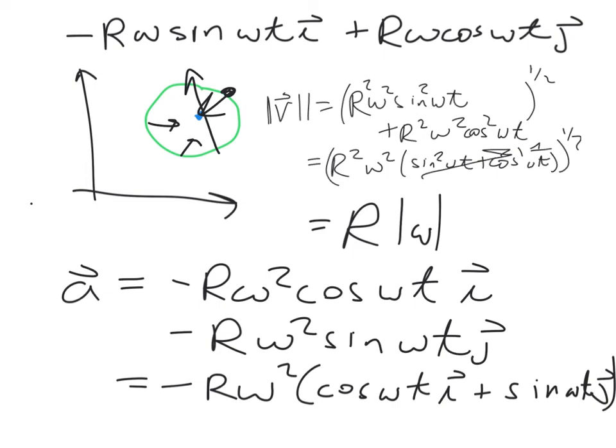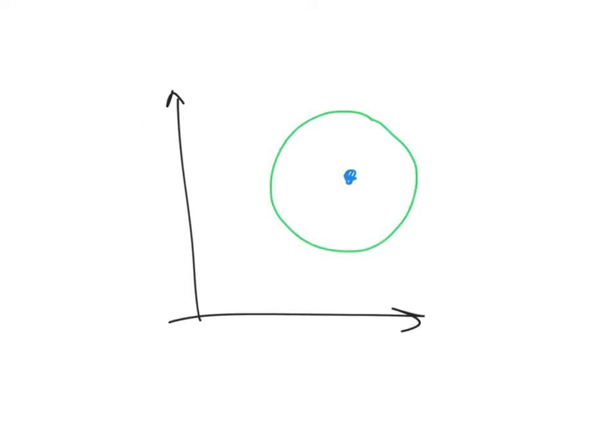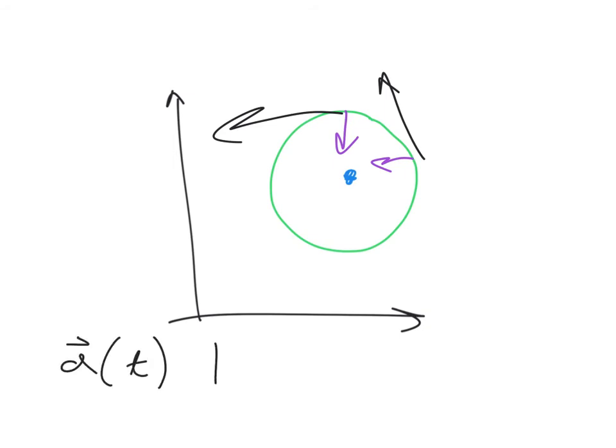Now that's quite interesting, actually. Our velocity vectors are tangent to the circle, and those should be of the same length. And our acceleration vectors point directly inward. And this means that for uniform circular motion, at a particular time t, the acceleration at time t is perpendicular to the velocity at time t.